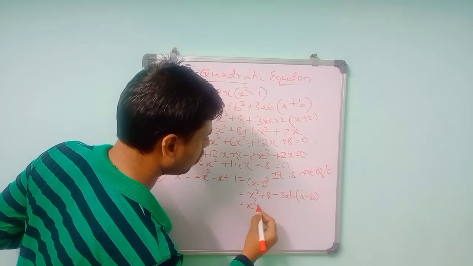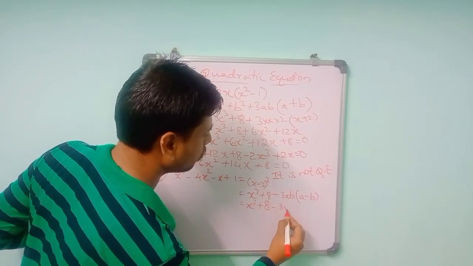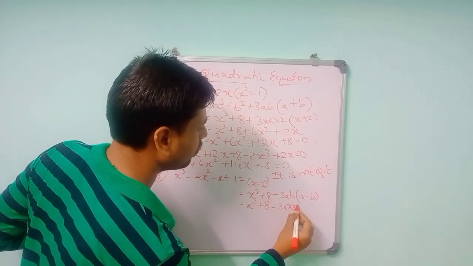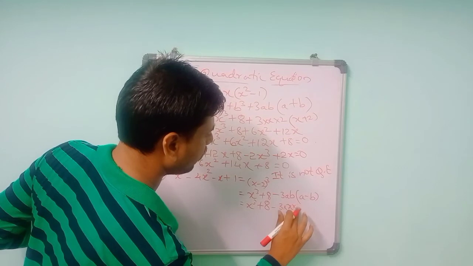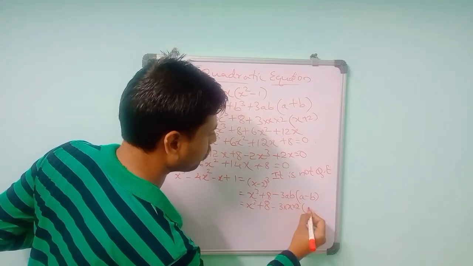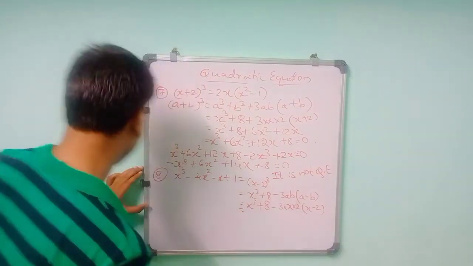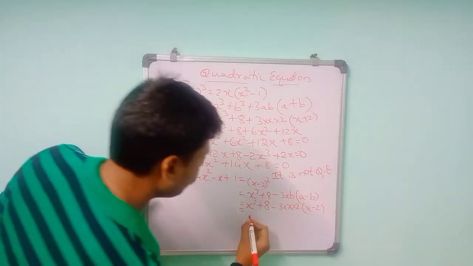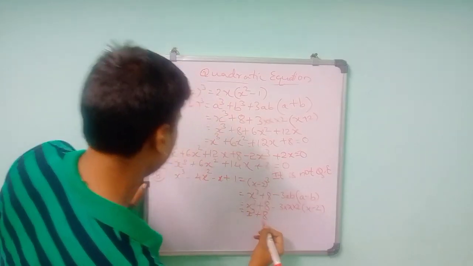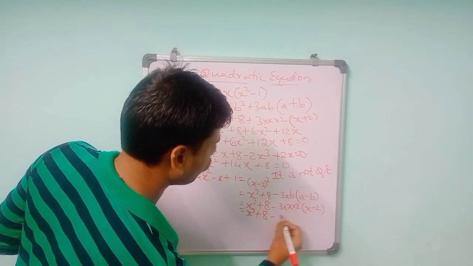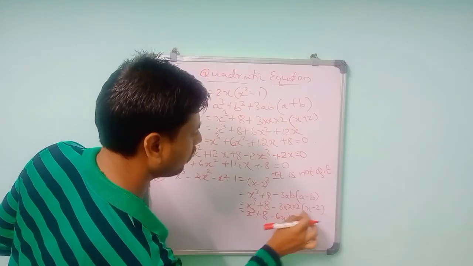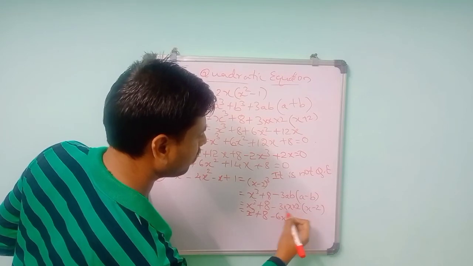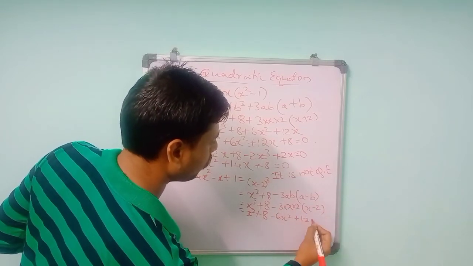Here a is x and b is 2, so x cube plus 8 minus 3 into 2 is 6x square, and minus 3 into 2 is 6x, and 6x into 2 is 12, so minus 12x.